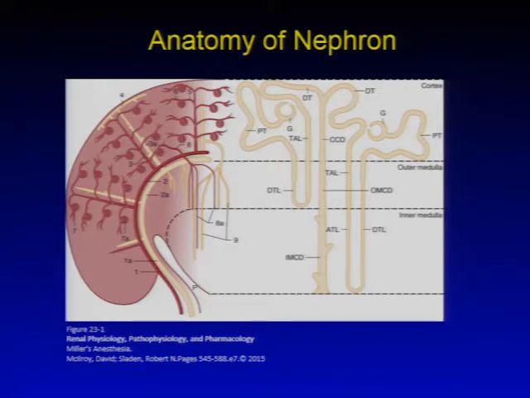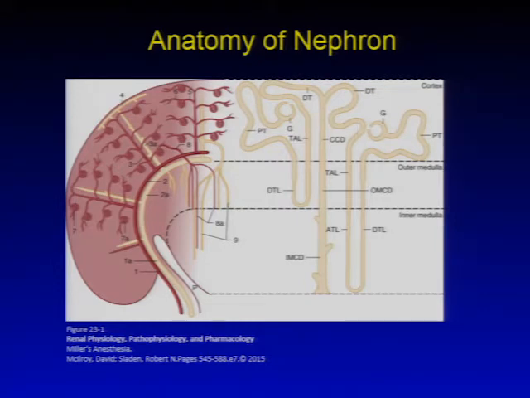The nephron begins in the cortex, right here, dips down into the medulla, and then returns to the cortex. So they start in the cortex, dip down to the medulla, return to the cortex, and then drain into the collecting ducts. The collecting ducts then descend towards the renal pelvis and empty urine into the ureter.